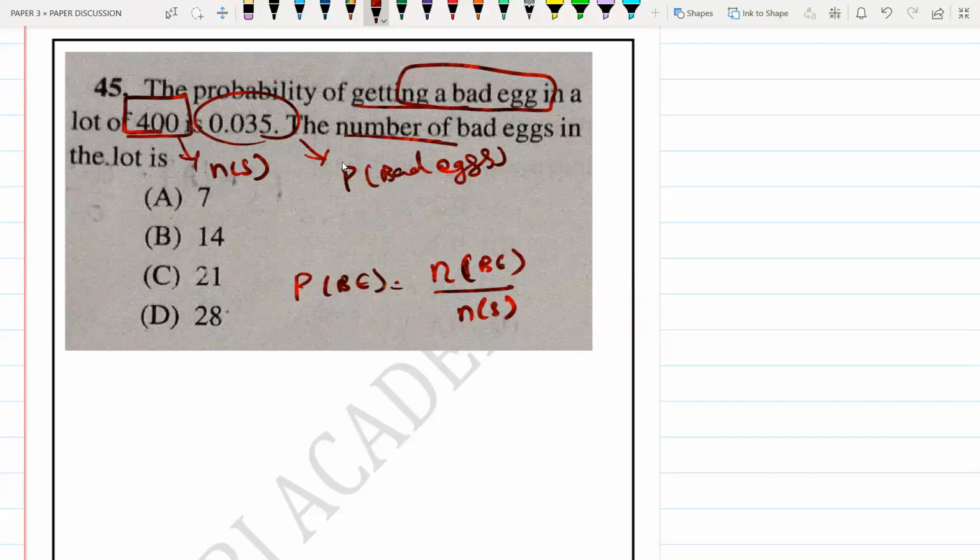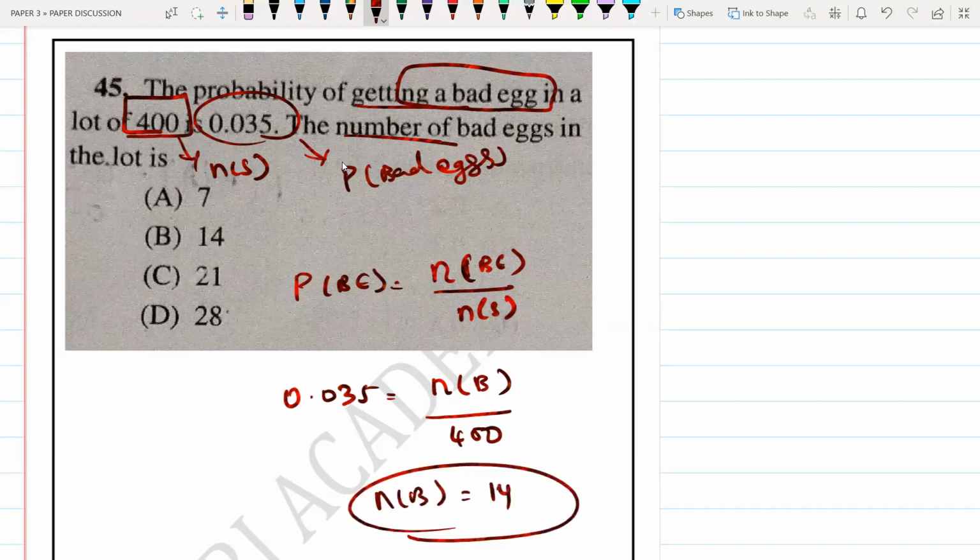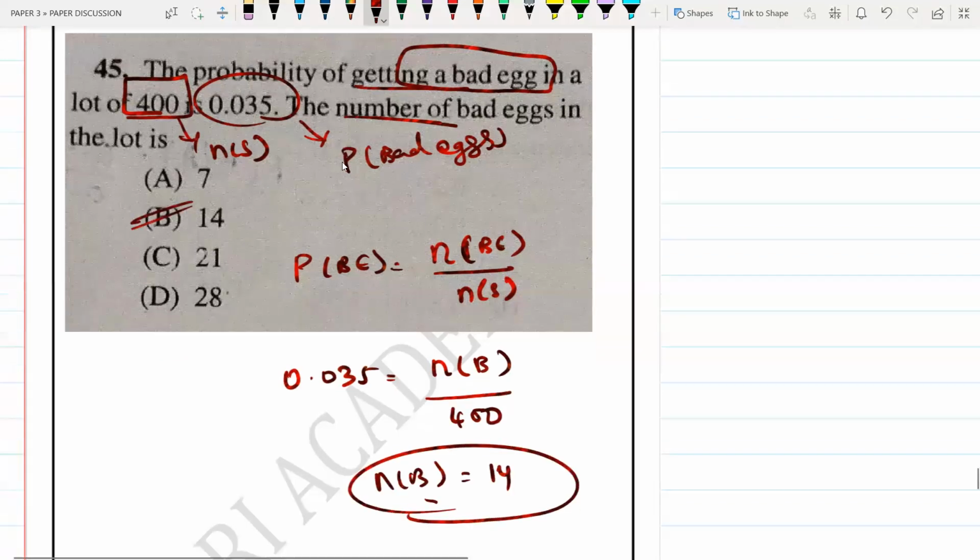So 0.035 equals the number of bad eggs divided by 400. Simply cross multiply: 400 into 0.035 gives the number of bad eggs equal to 14. So my answer is going to be Option B.